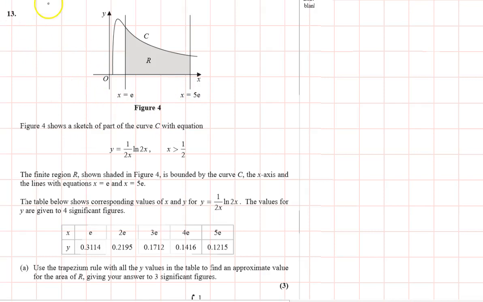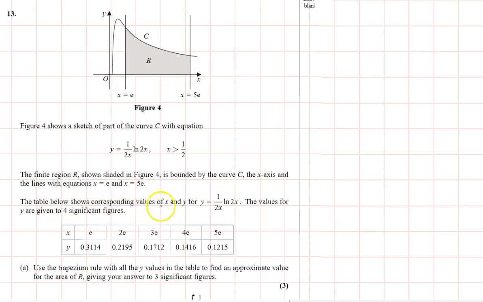This figure shows the sketch of part of a curve C with equation y is equal to 1 over 2x ln 2x, x is greater than half. The finite region R shaded in figure 4 is bound by the curve C, the x-axis, x is equal to e and x is equal to 5e.